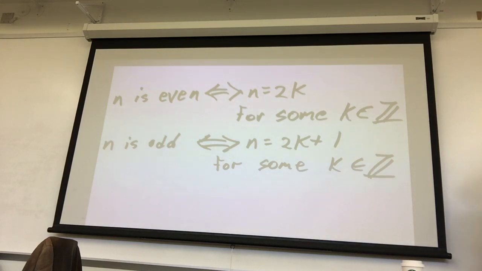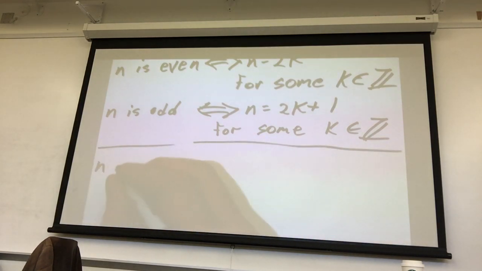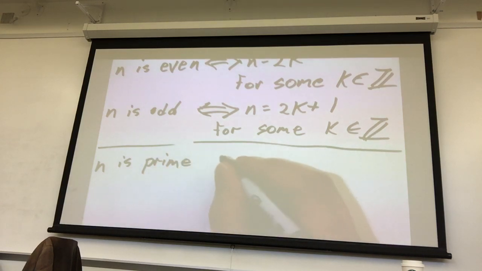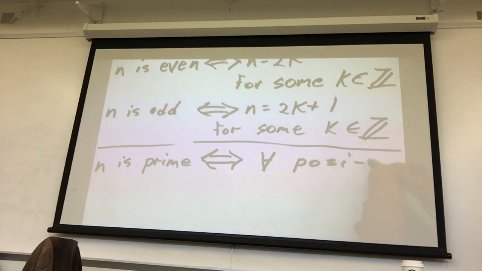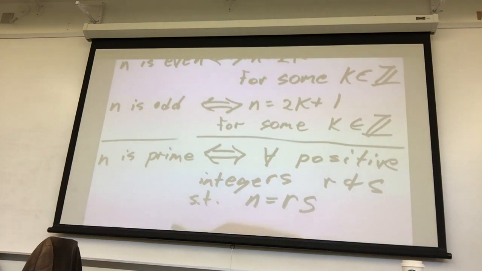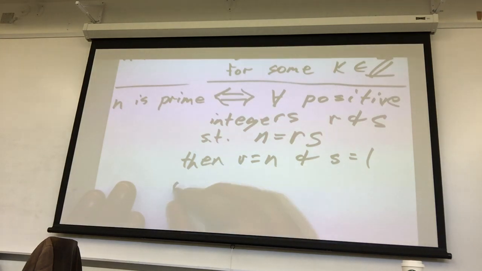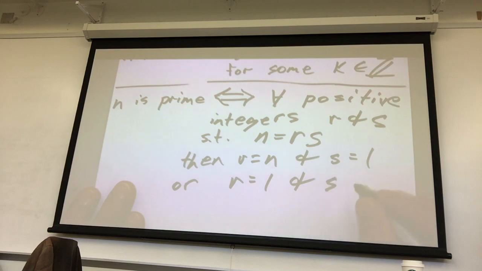So besides even and odd numbers, we also have prime numbers. Let's separate these out a little bit. n is prime if and only if for all positive integers, say R and S, such that n equals R times S, then R equals n and S equals 1, or R equals 1 and S equals n.